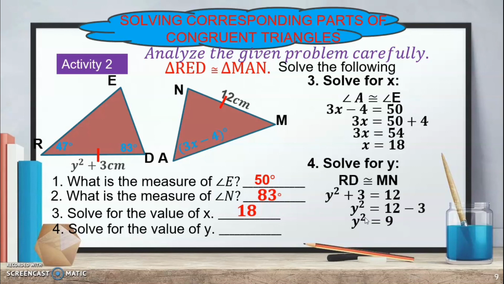Then, para makuha natin ang value ng y, we will just square root the y. So, in square rooting the 9, y is equal to square root of 9. So, the answer is 3. Square root of 9 is equal to 3.